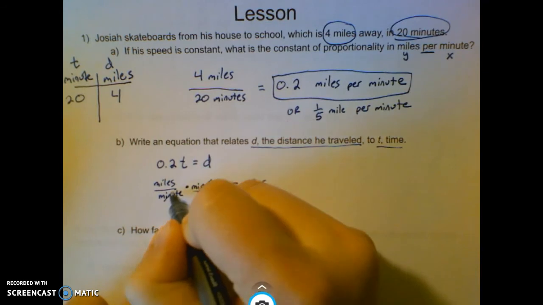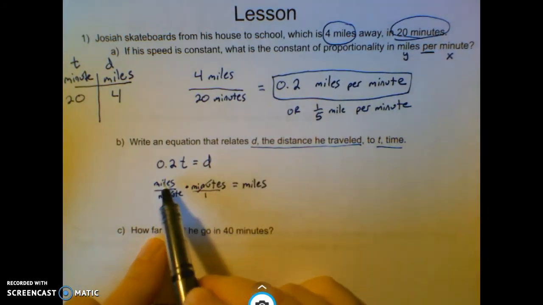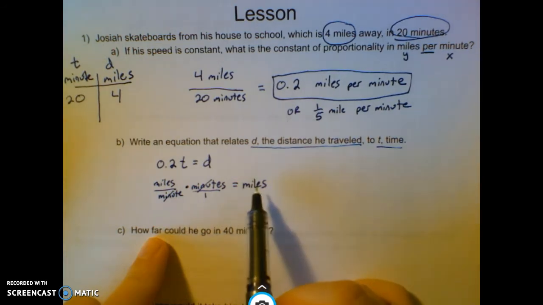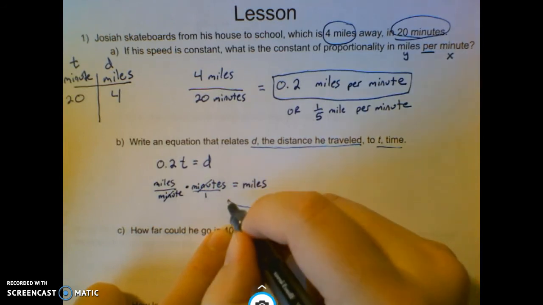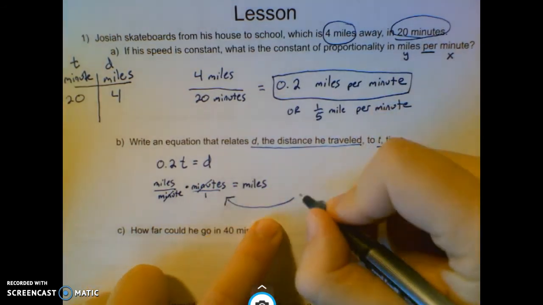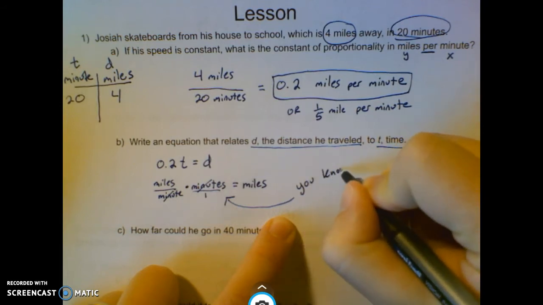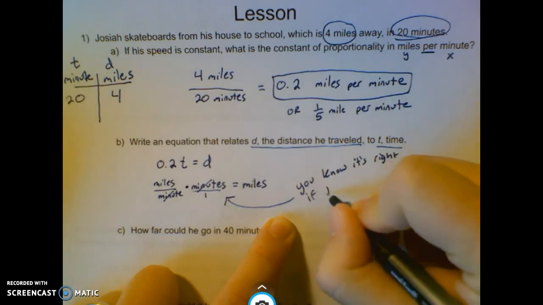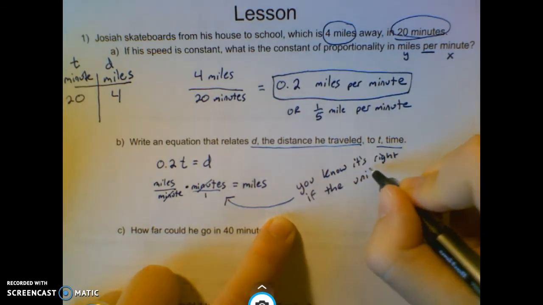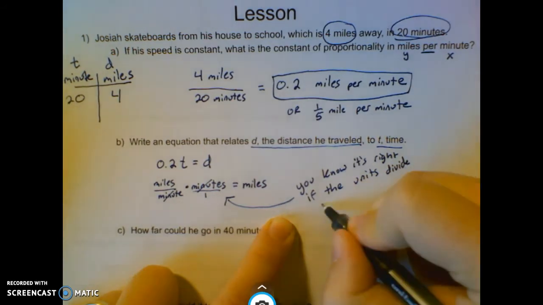These minutes divided by minutes are going to divide out to be 1, and I'm going to be left with some number of miles equals some number of miles. This is right. You know it's right if the units divide each other.